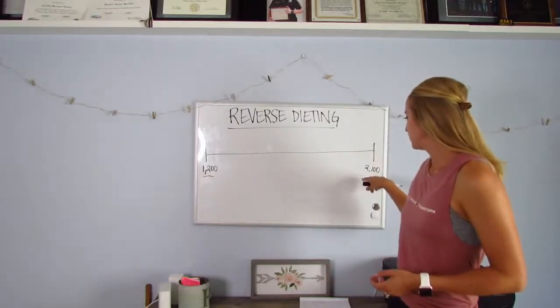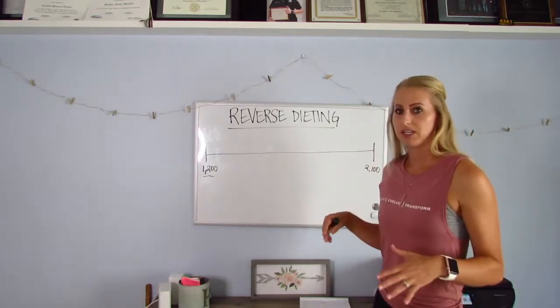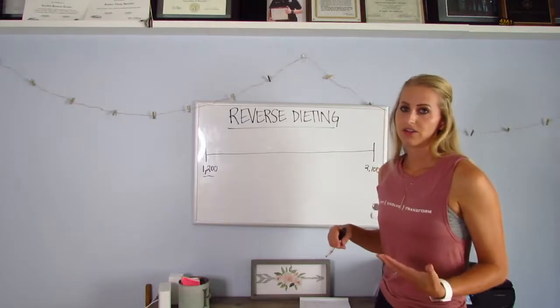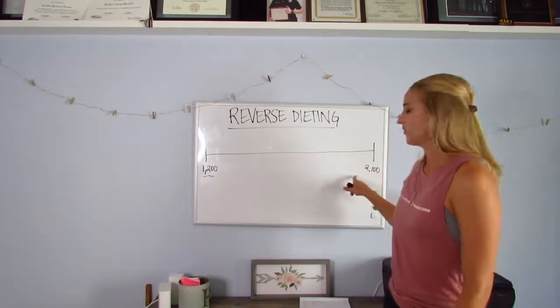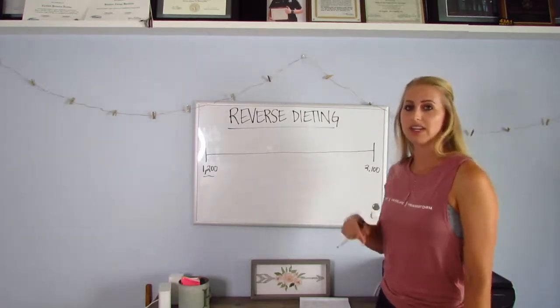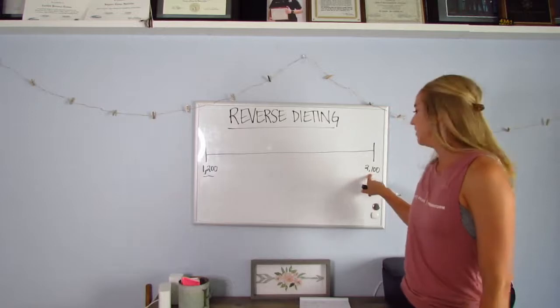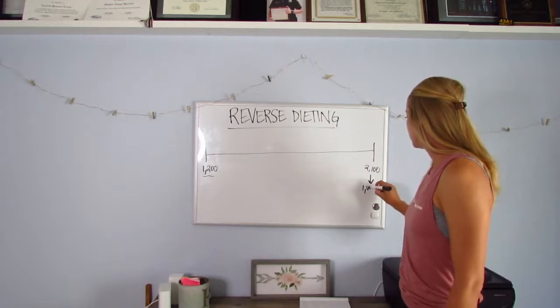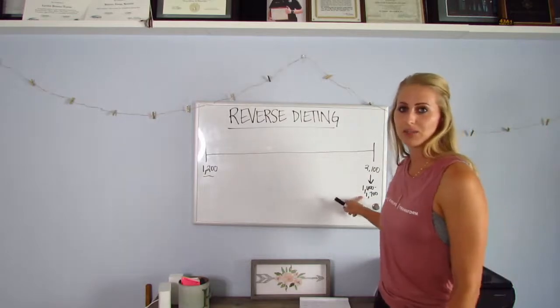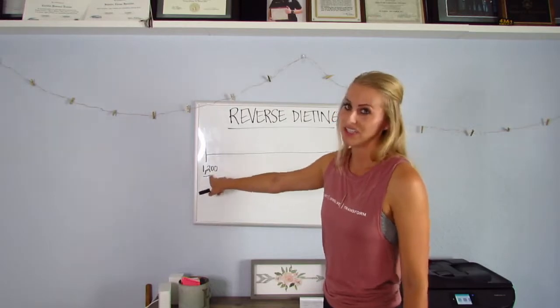But the goal would be to have this person stay at 2,100 calories for, let's just say, a couple of months, get her body used to and adjusted to eating 2,100 calories a day, with hopefully gaining as little body fat in the process as possible, so that when the time comes that we do want to start a dieting phase, we can actually take 400-500 calories from this amount and drop her down to, let's just say, 1,600, maybe 1,700 calories, and those are the dieting calories that her body will lose weight at, versus trying to take a couple hundred calories from 1,200 to create that deficit.